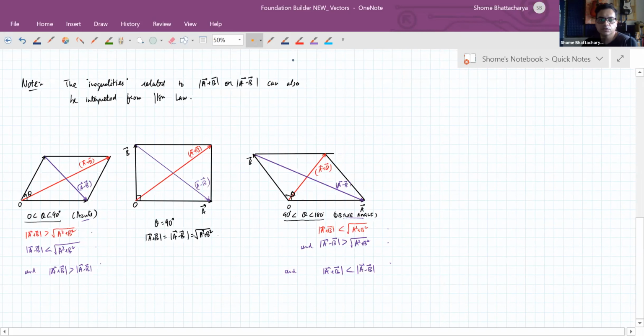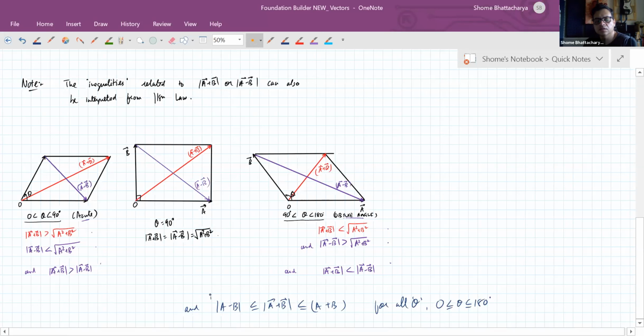So just make a note of this. So these are the inequalities related to a plus b and a minus b. And of course, other than this, we also have the inequalities that overall this is always less than or equal to a plus b and greater than or equal to the difference of a minus b, for all theta between 0 and 180, not taking any special cases.